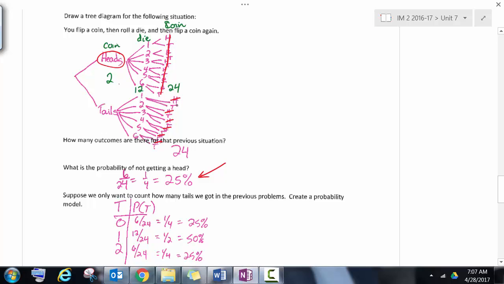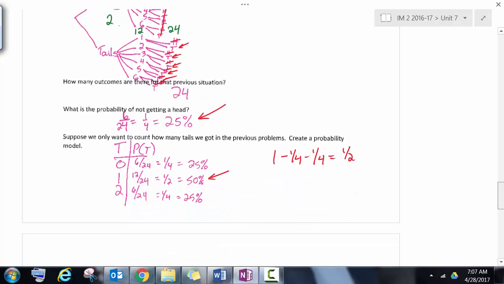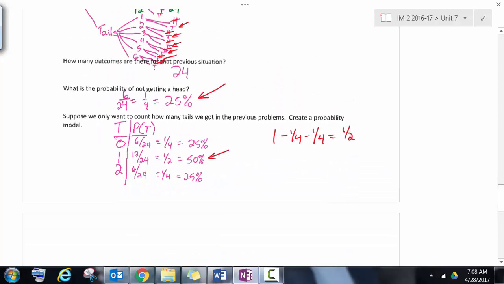So that's all of these that we didn't cross off. So that's 6 out of 24, or 1/4. So 1 minus 1/4 minus 1/4 has to be what's left, which will be our middle here, which is 1/2, or 2/4. And that's our basic probability for this chapter.